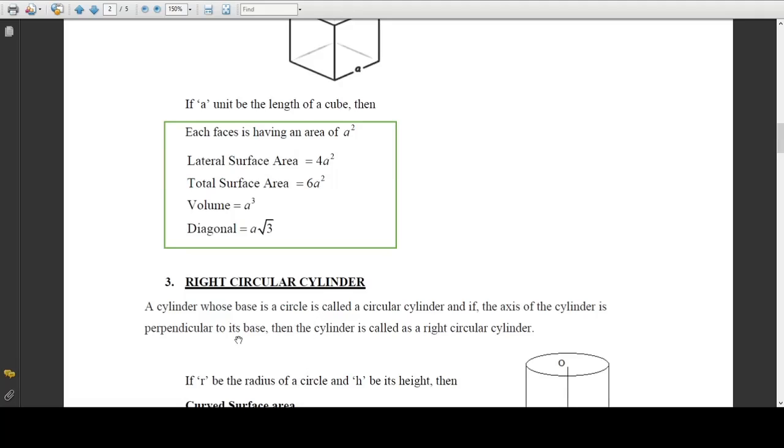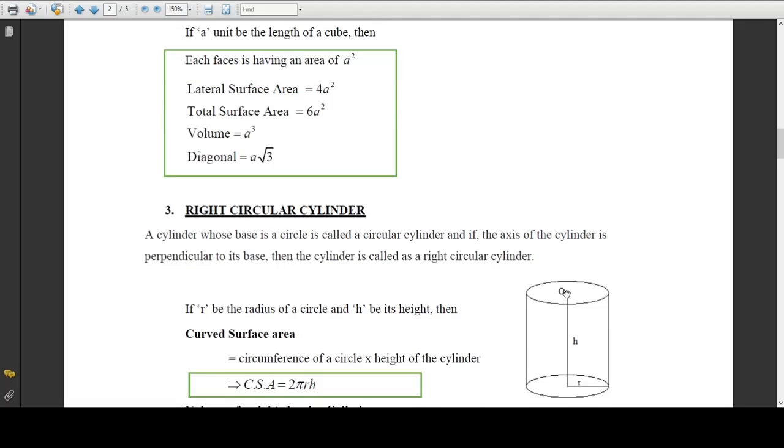Next, we'll discuss the right circular cylinder. A cylinder whose base is a circle is called a circular cylinder, and if the axis of the cylinder is perpendicular to its base, then that cylinder is called a right circular cylinder.